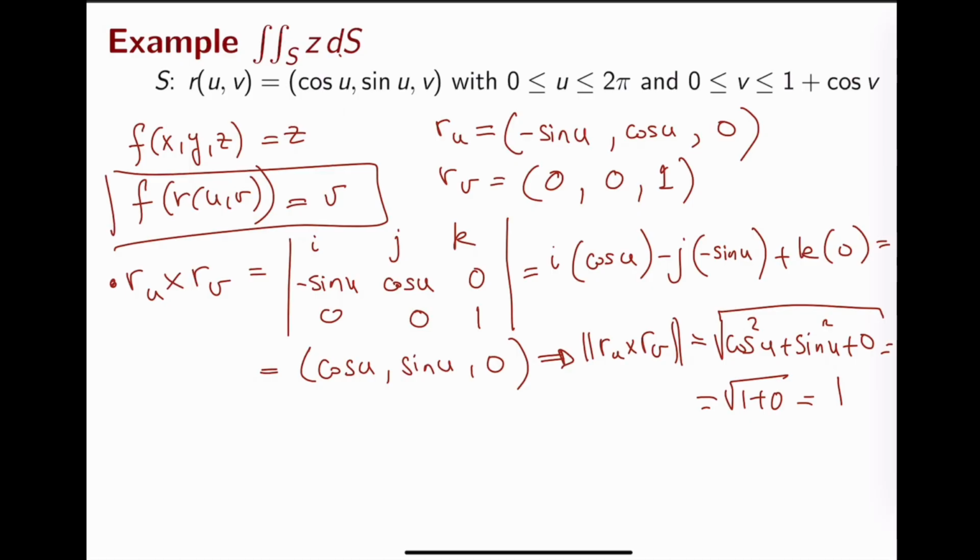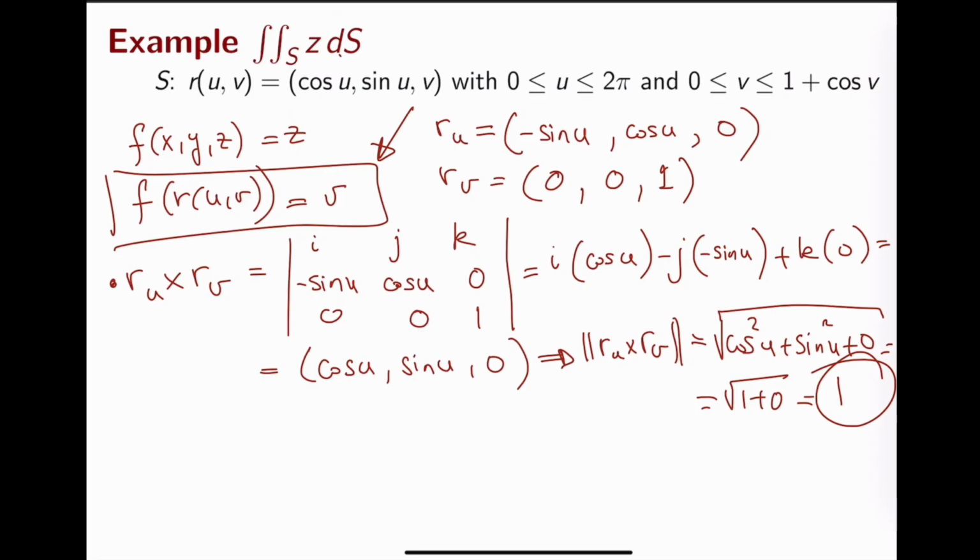So we have the two things that we need to multiply to calculate this integral: the function evaluated at the parametrization, and the magnitude of the normal vector.